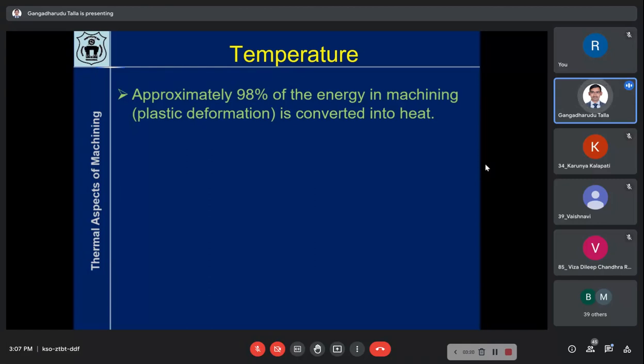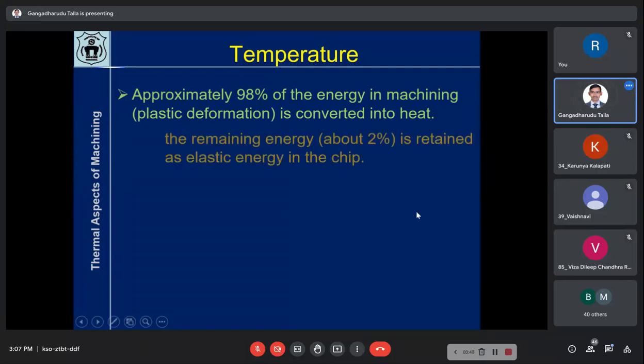Now this heat is generated due to plastic deformation of the material. The material in front of the tool tip is subjected to compression. That compressive force will make that material like a plastic. The material will go to plastic state, so a high amount of temperature will be generated. The remaining energy is retained as elastic energy in the chip.